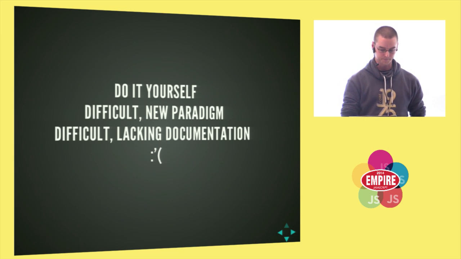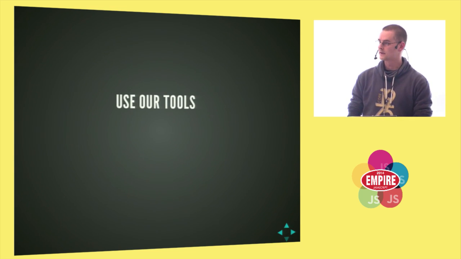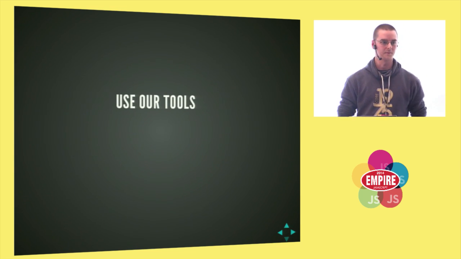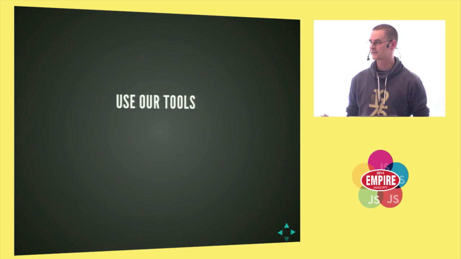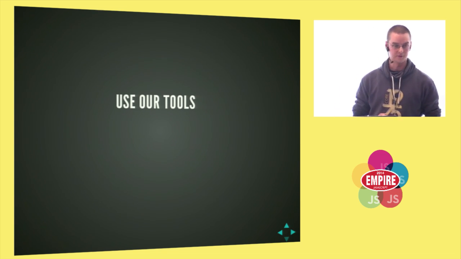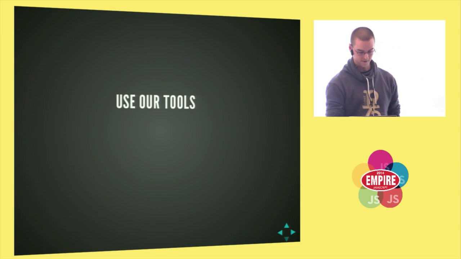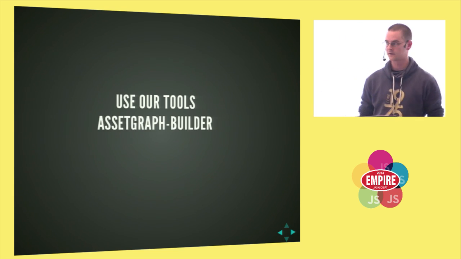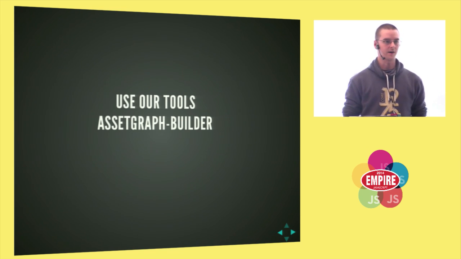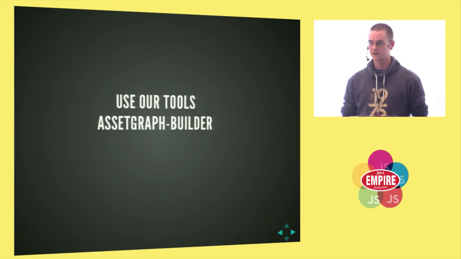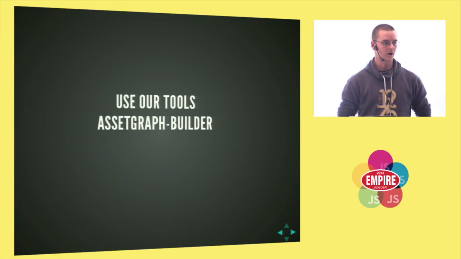But despair not, we actually have that, because we wouldn't have built this without actually building something that we could use it for. I mean, we were scratching an itch at the time. So you can use our existing tools. We have a tool that we call AssetGraph Builder, very original, which is our very opinionated look at how you should optimally build single-page web applications.